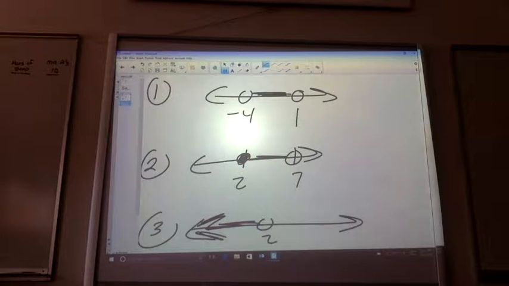Which one appears to be the and problems up here? 1 and 2. Everyone agree? And the or problem appears to be number 3. Agreed?